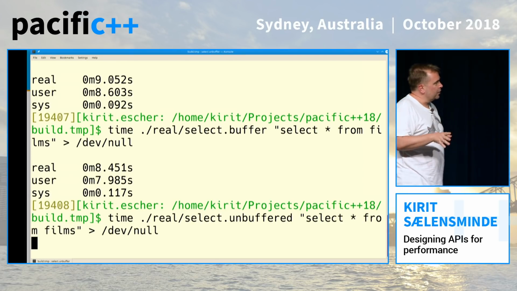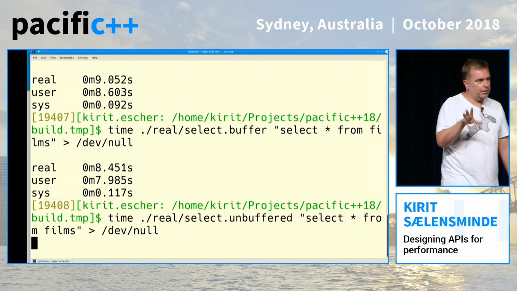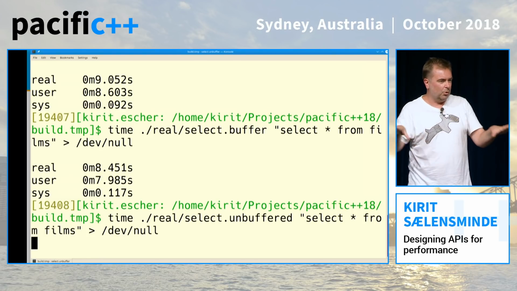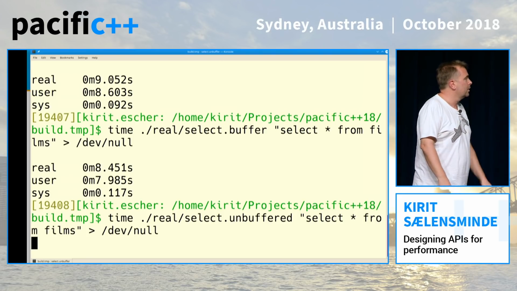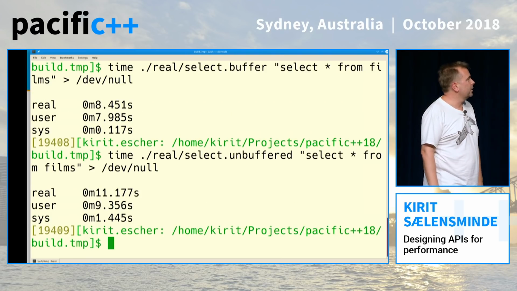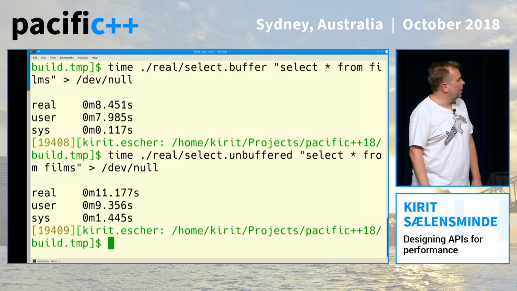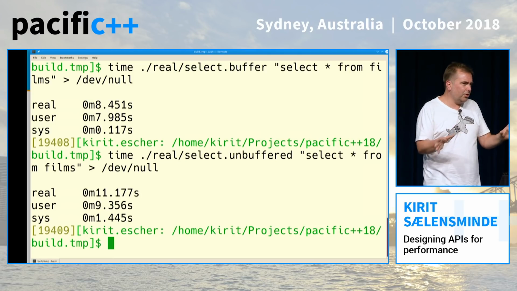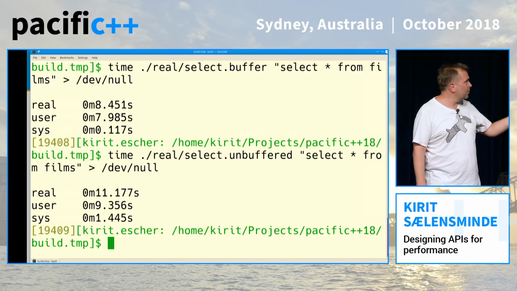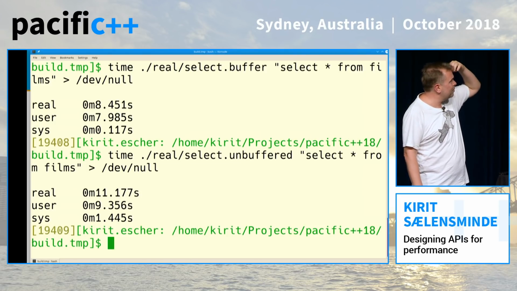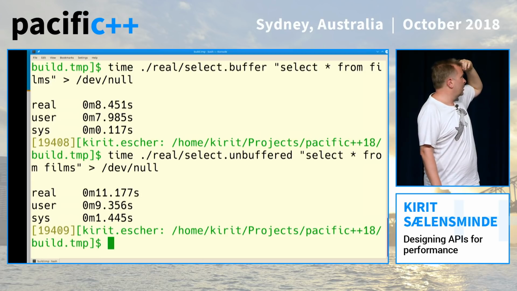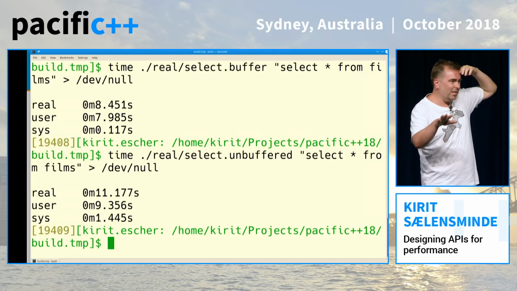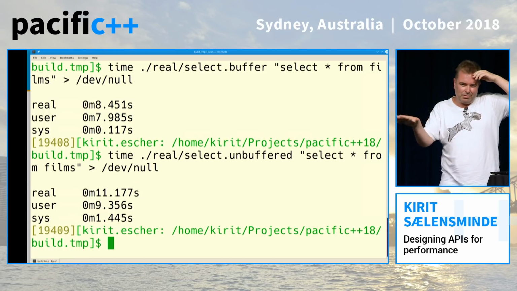In this version, we're still selecting from films, which have fairly small strings that we're concatenating. So we go up to about 11 seconds. So the I/O buffering is not a huge cost here. We're going from about 8.4 to 11.1. So that's what, a 20%-ish difference?